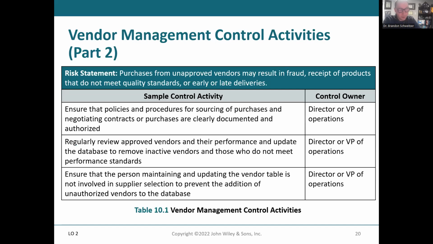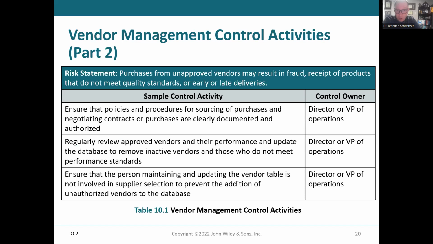Monitoring your vendor list is a very important process. So make sure that your company's policies and procedures meet the needs of the business when it comes to selecting a vendor, and making sure that your contracts are properly negotiated.